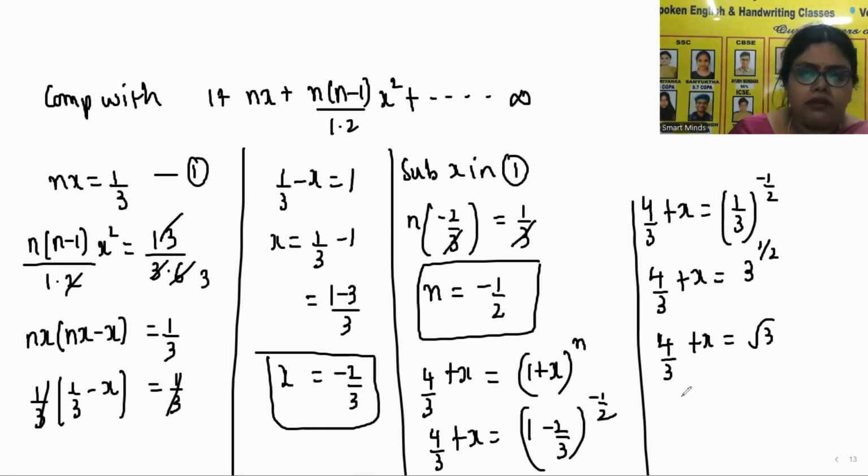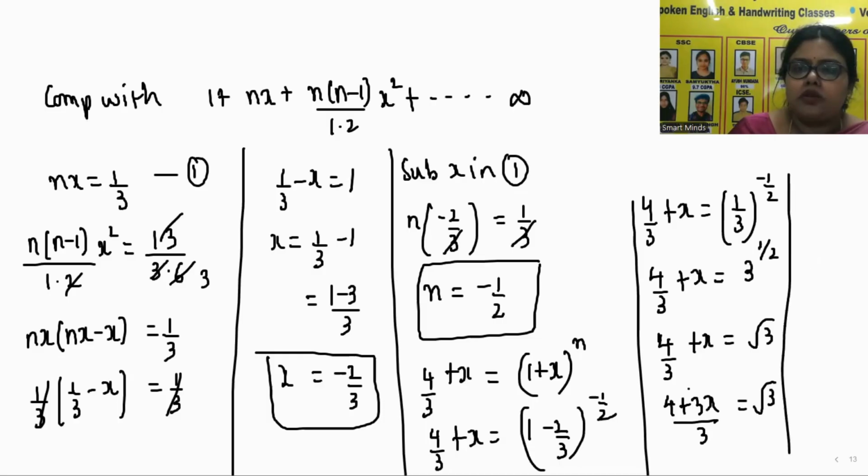Now we need to take the LCM. So 4 plus 3x by 3 is equal to root 3. If you cross multiply, 4 plus 3x is equal to 3 root 3. Now we square on both sides.